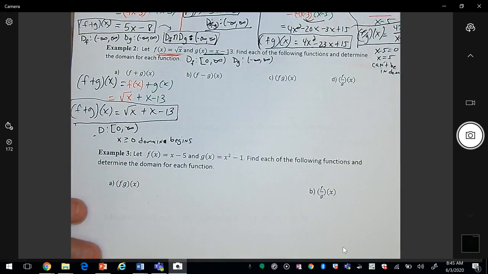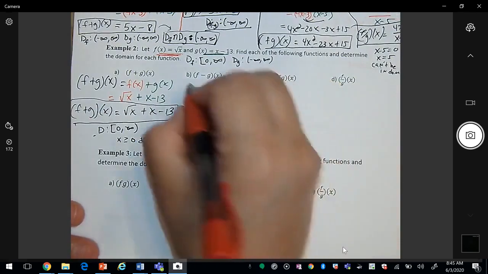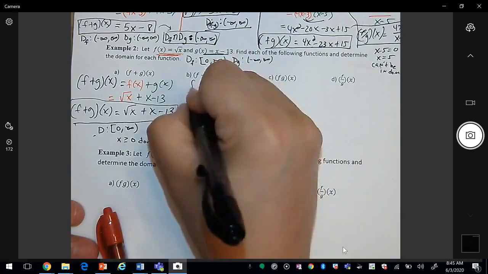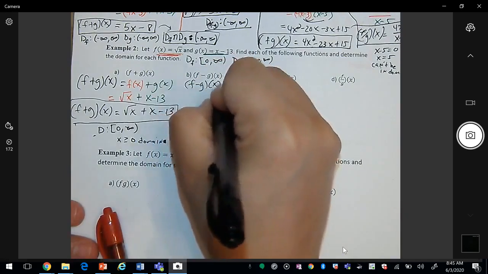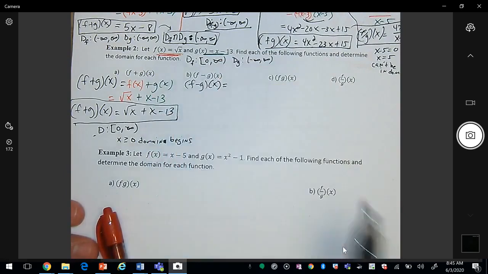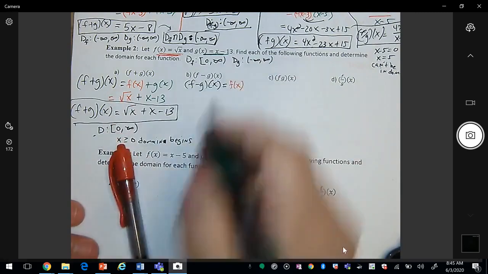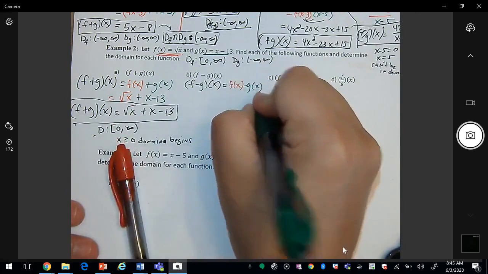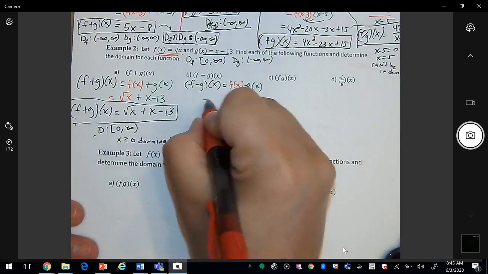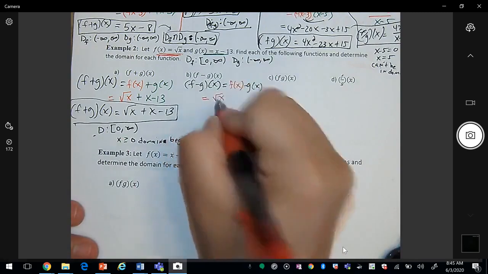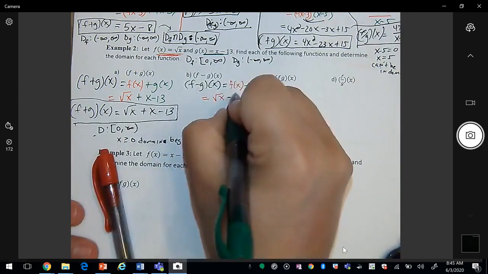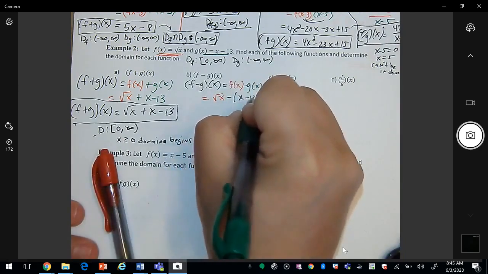Let's try the next one. So we have f minus g of x, and I can rewrite that as f of x minus g of x. So f of x is square root of x minus g of x, which is x minus 13.